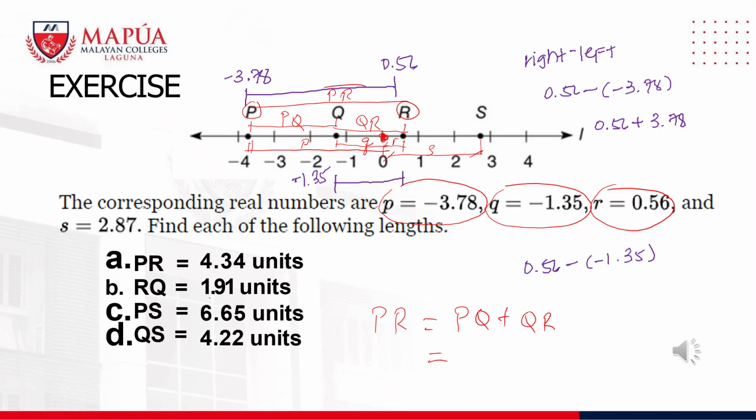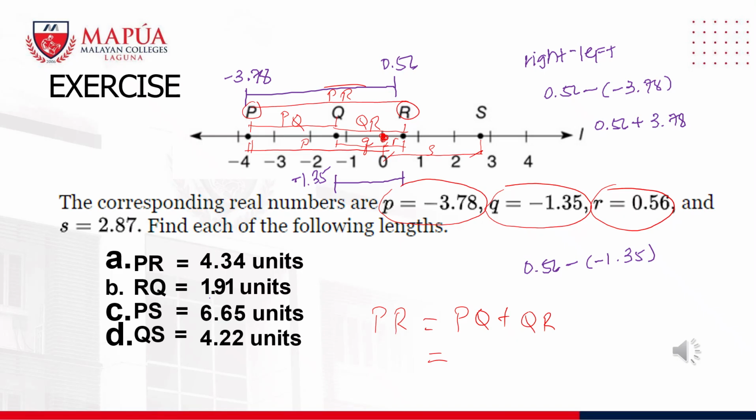But in terms of the real numbers given here, P is the distance from 0 to P. Then Q is 0 to Q. Alright, so to calculate this, we have to do it from right to left, class, going in this direction, or left to right.